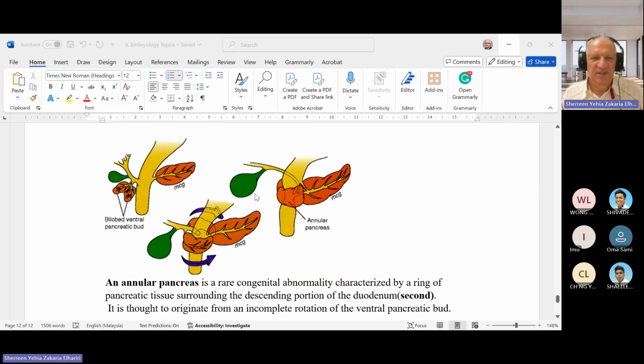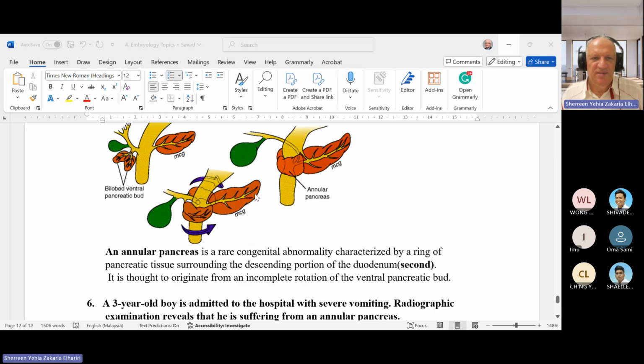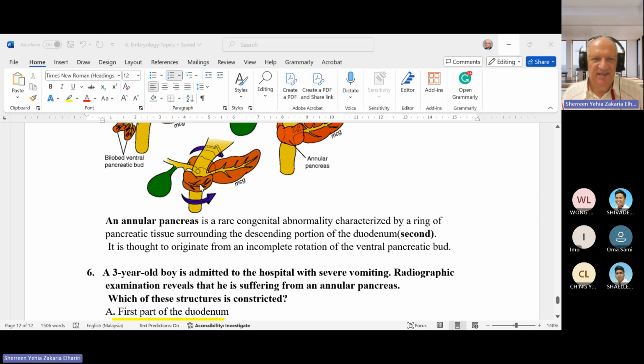Second question, and very common: you know that the pancreas has two parts, ventral and dorsal, united together at the area of the duodenum, the second part of the duodenum. If they still persist, we call it annular pancreas.